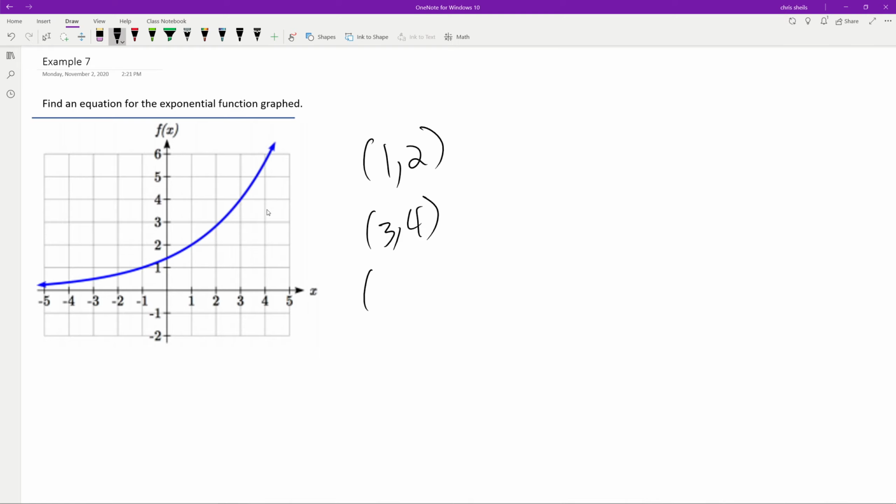And I suppose the point (-1, 1) passes through as well. We only need 2 of these points, so we might as well use the first 2. Any 2 would work.